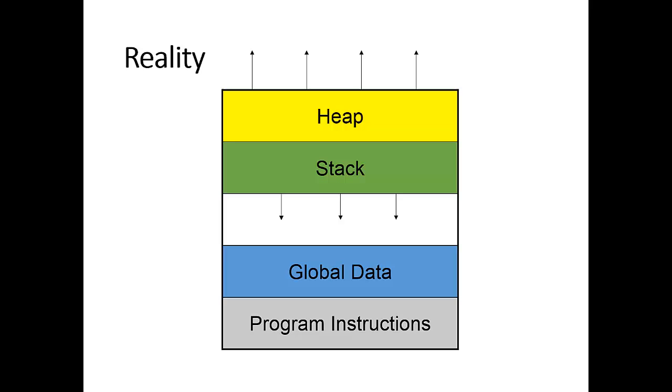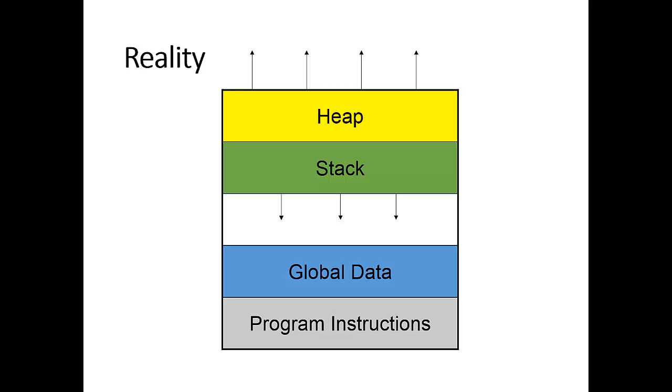So this is actually what you have in your physical memory. As you can see, the memory is divided into various sections, which include heap, stack, and also areas containing global data and program instructions.